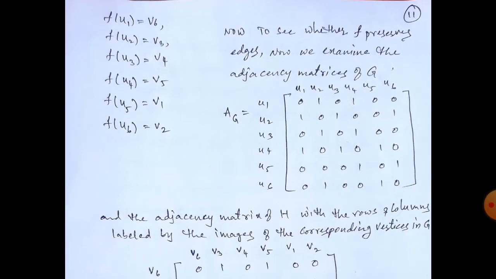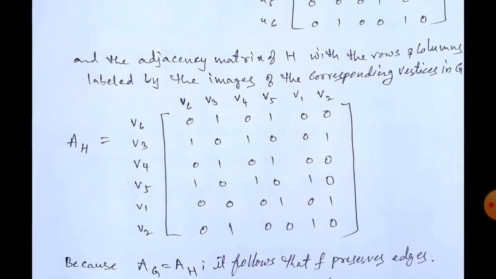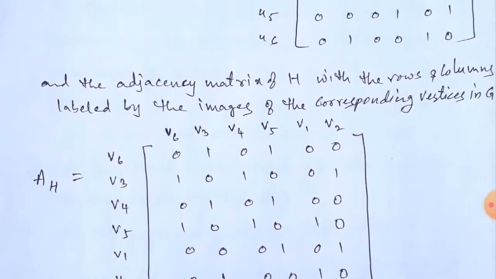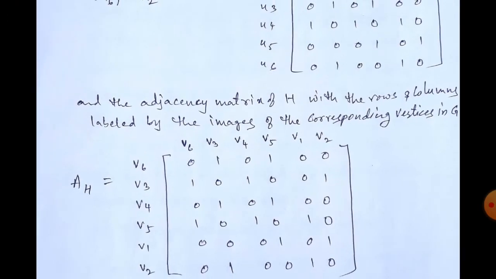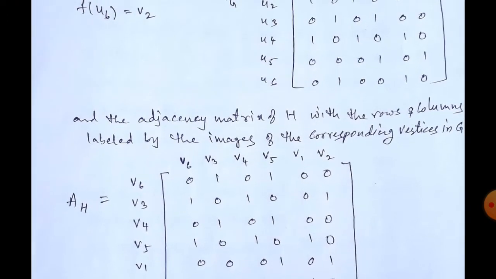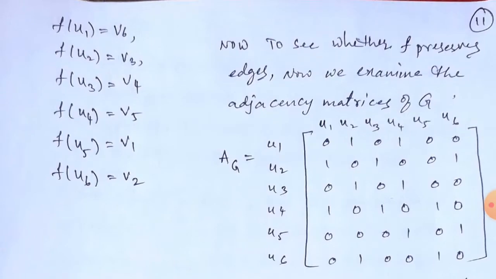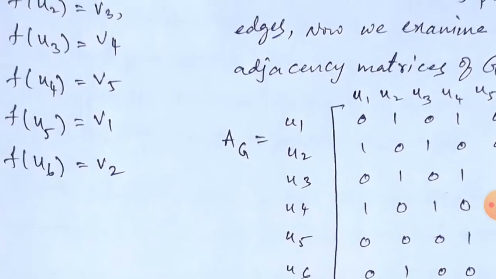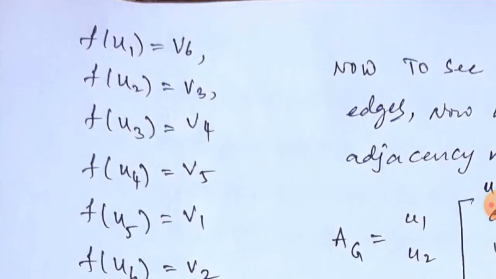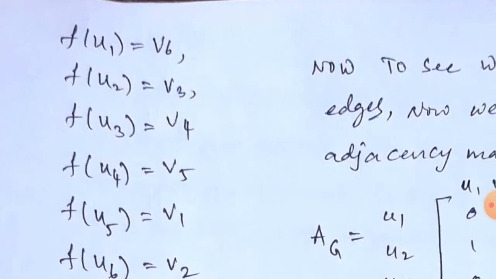Okay, similarly we can find the adjacency matrix of H with the rows and columns labeled by the images of the corresponding vertices in G. Now observe what are the vertices you have taken here. Observe in AG, observe the images, the same order you have to take these vertices.